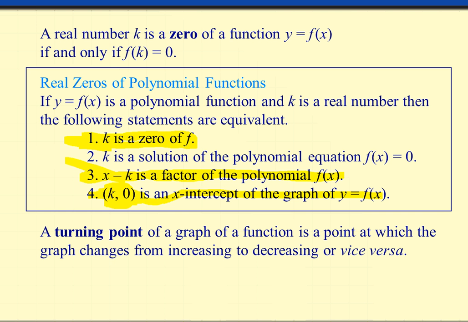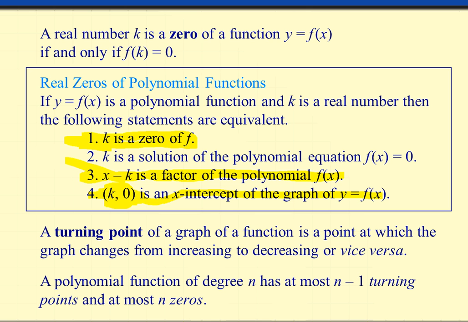Turning points on a graph of a function is a point where the graph changes directions, changes from increasing to decreasing or vice versa. And we can predict the number of turning points a graph might have by looking at the degree. As you can see here, a polynomial function of degree n has at most, not exactly necessarily, but at most n minus 1 turning points.